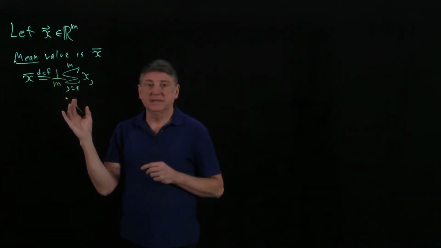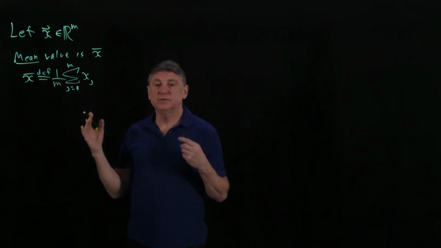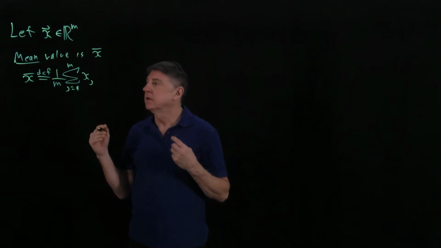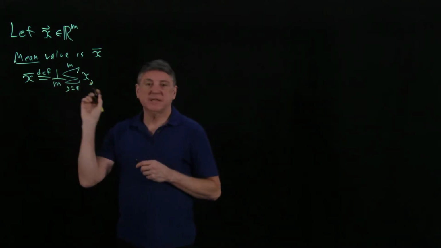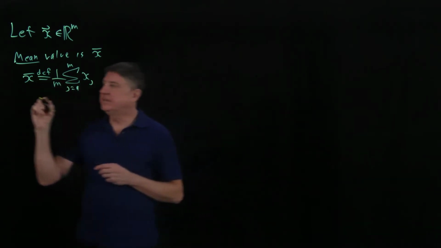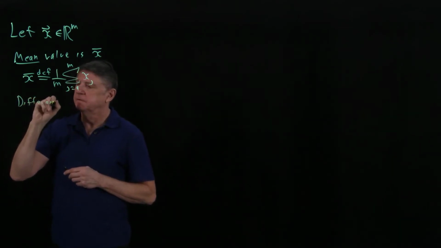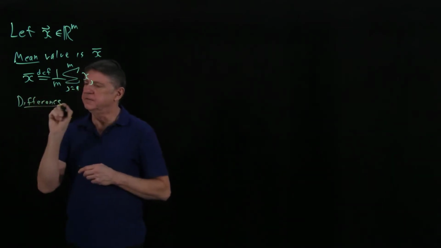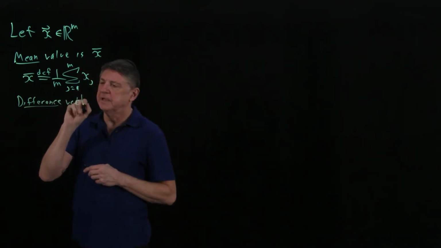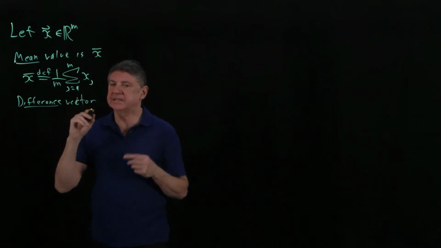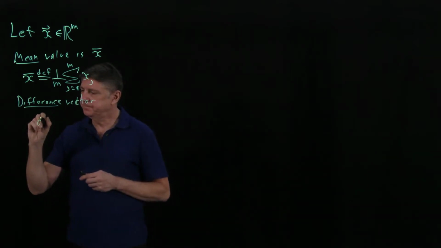In data analytics, what we would like to do is represent this as a vector. So this is a scalar, and the difference vector, we'll just temporarily write this as a vector d.